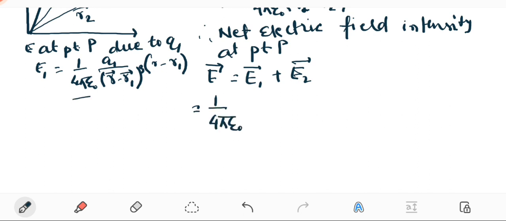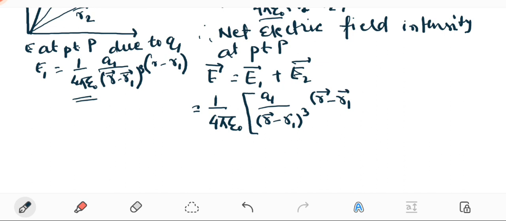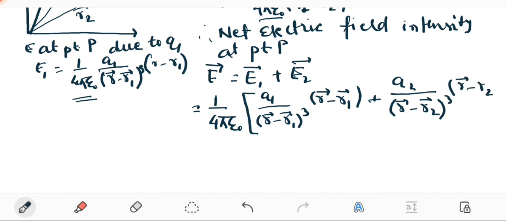If we take this part common in both, we are left with Q1 divided by the cube of R vector minus R1 vector, multiplied by the vector R minus R1, plus Q2 divided by the cube of R vector minus R2 vector, multiplied by R vector minus R2 vector.